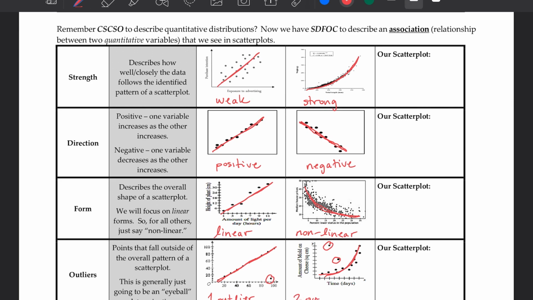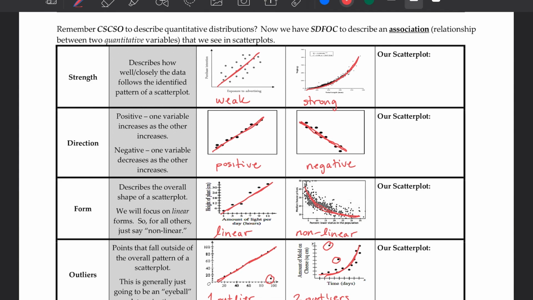So it's really on your judgment. So I'm going to say that there are 2 outliers here. And again, if I had some numbers there on the axes, I could say at this point and this point, this many days and this many square centimeters of mold on the cheese. Kind of a gross example, but whatever.